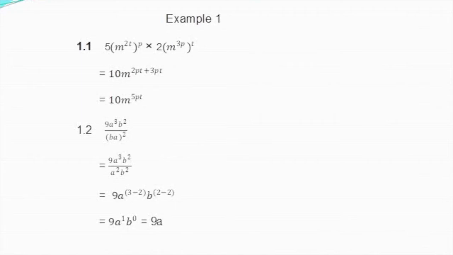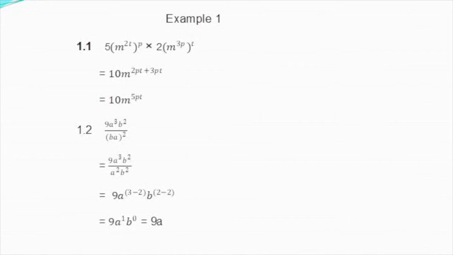So the exponent of a is 1 and the exponent of b is 1. So 2 will multiply the exponent of a and the exponent of b. So we are going to have a to the power 2, b to the power 2.